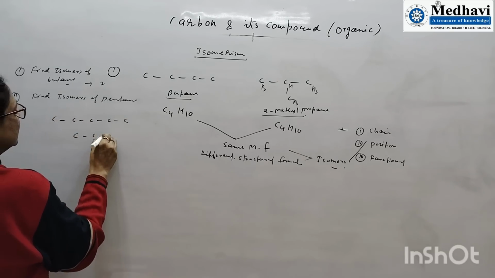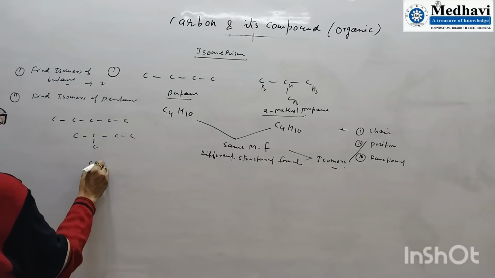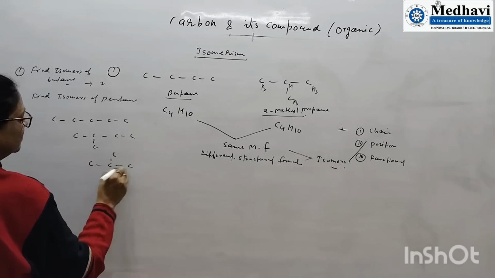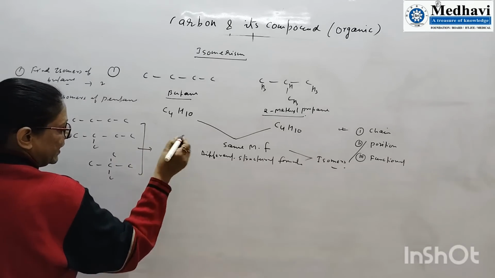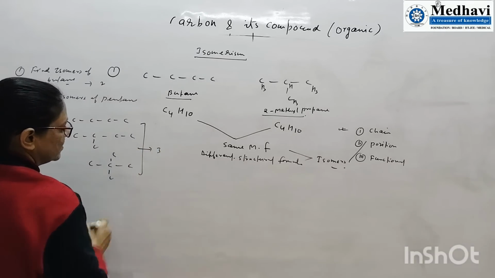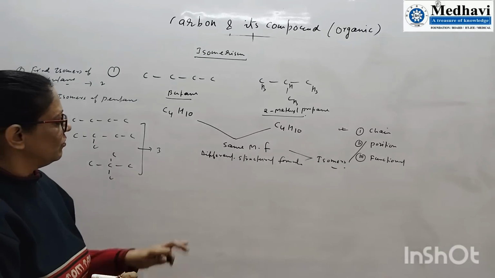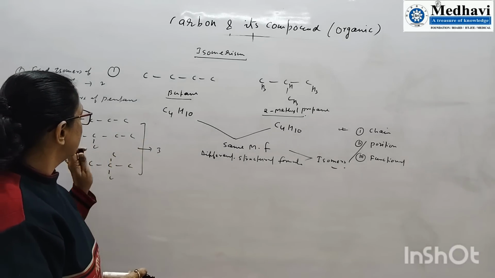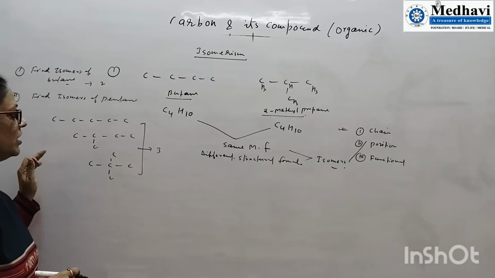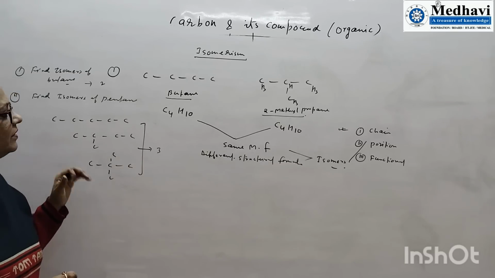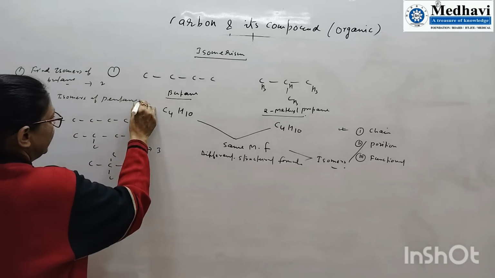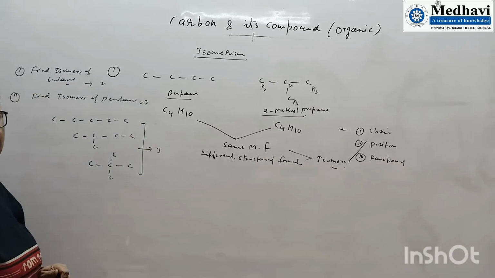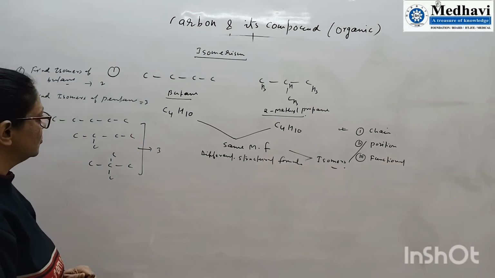You can write this, and the last is this. So 3 isomers are formed and all are kept in the category of chain isomerism. In chain isomerism, the carbon chain is involved in the formation of isomers. So we can say pentane has 3 isomers. Similarly, we can find out isomers of hexane also.